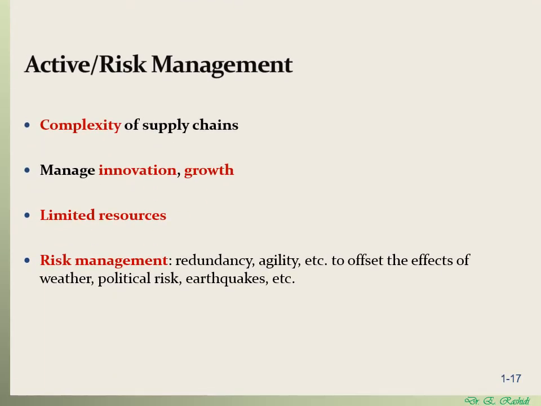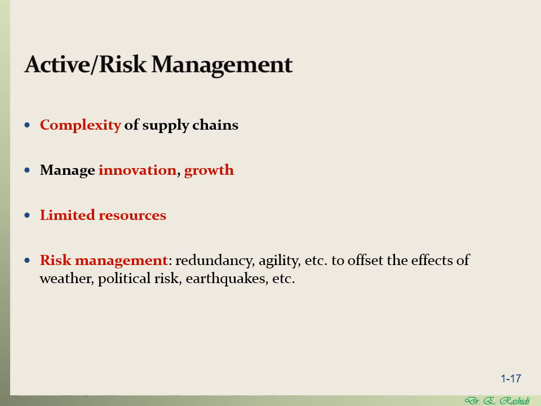Active risk management. One of the characteristics of today's businesses and organizations, especially the giant ones, is that they have very complex supply chains. There are organizations that have offices and facilities in every part of the world.